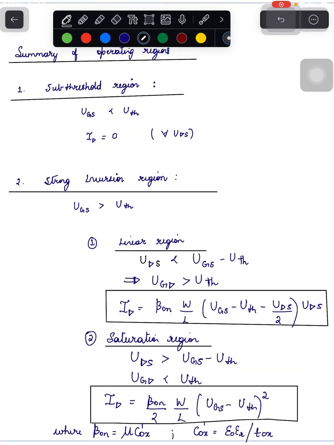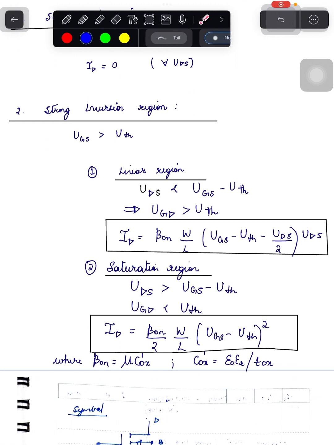Summary of operating regions. Subthreshold region, VGS lesser than VTH, and drain current is 0 for any VDS voltage. Strong inversion region, VGS is greater than VTH, and in the linear region, VDS is lesser than VGS minus VTH, which implies the gate to drain voltage is greater than the threshold voltage, and we get this current equation where VGS and ID are linearly proportional.